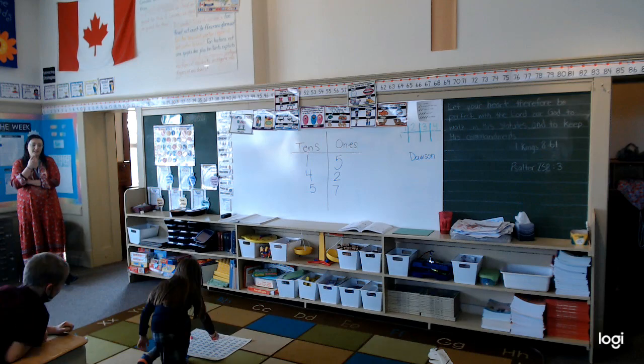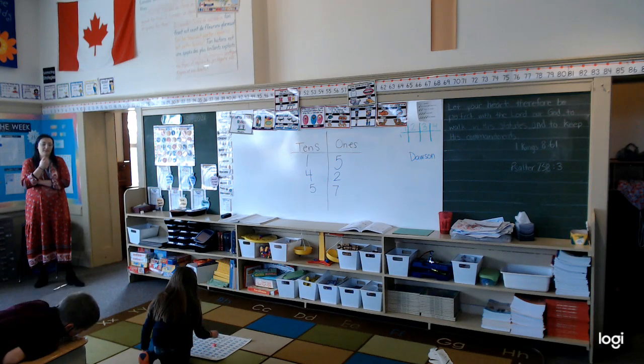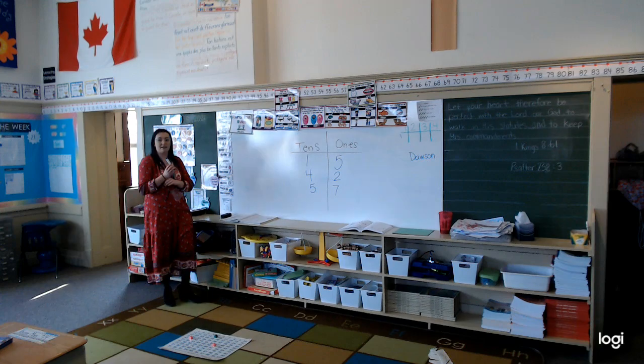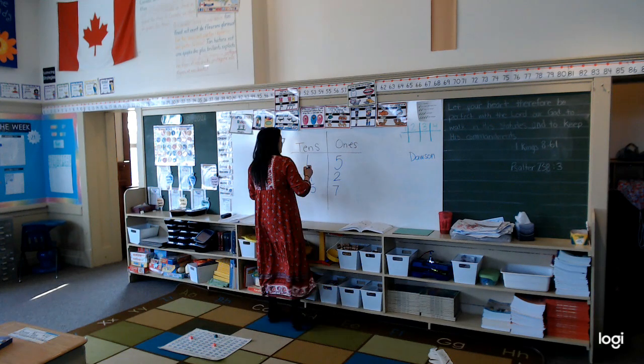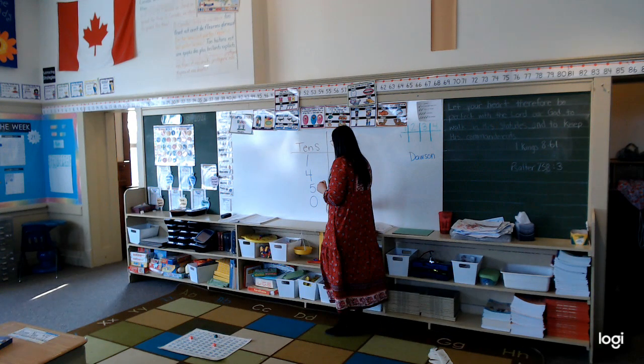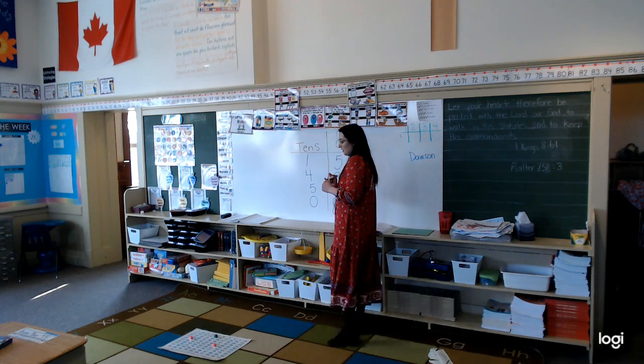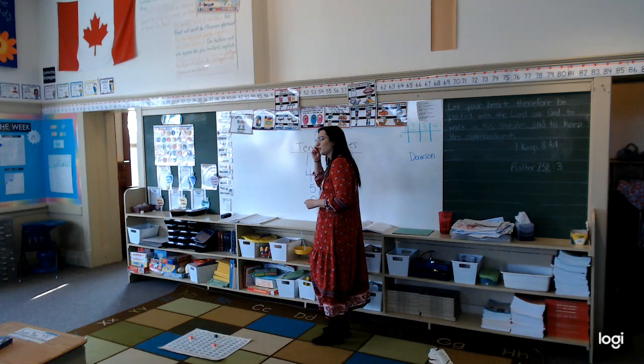All right. The next number has 0 groups of 10, and it has 8 ones. What number is that? Lock it in your brain.